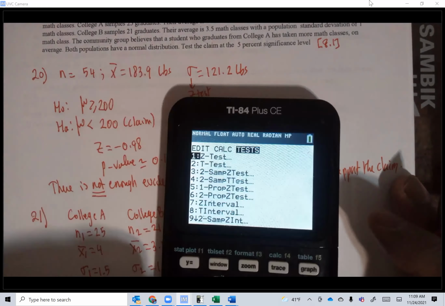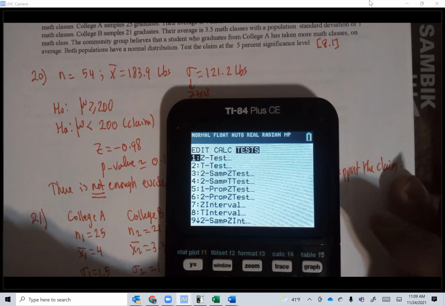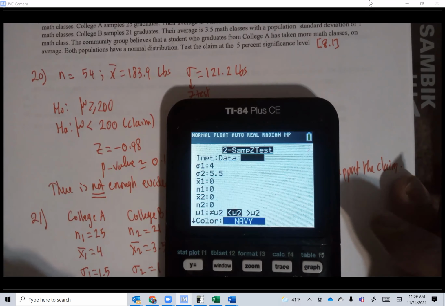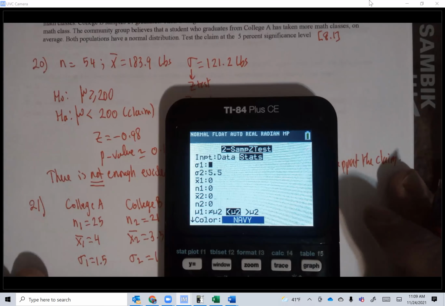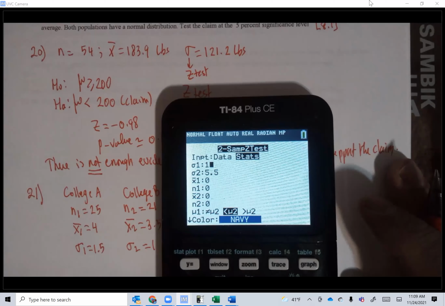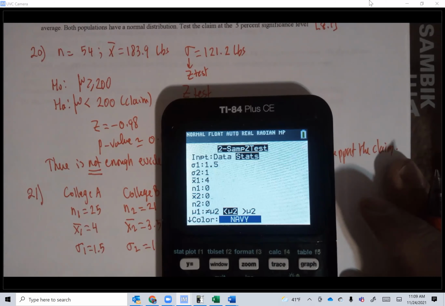And that would be it for this test. Okay, input. See, sigma 1 and sigma 2. It's asking you for sigma 1 and sigma 2. 1.5. Sigma 2 is 1. x1 bar is 4. n1 is 25. x2 bar is 3.5. n2 is 21.